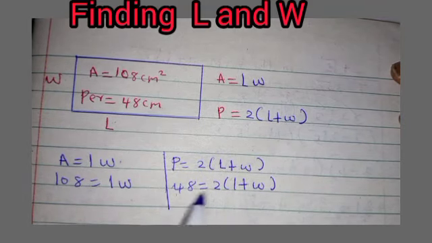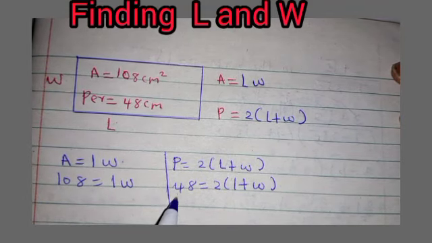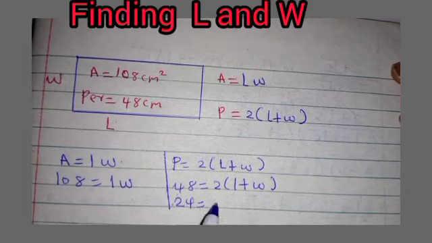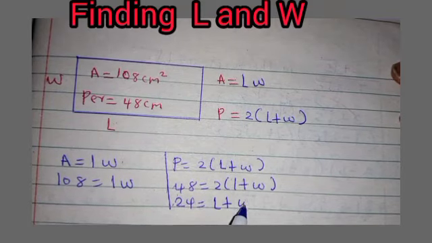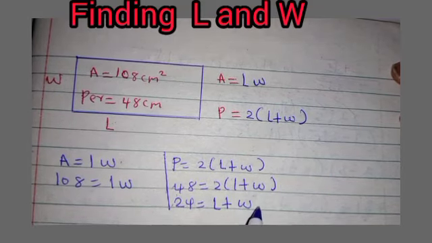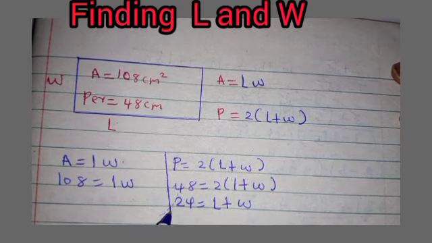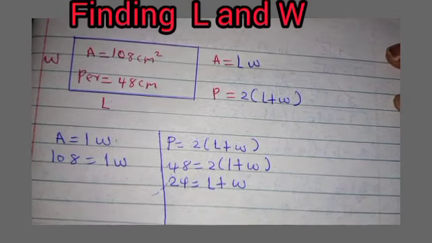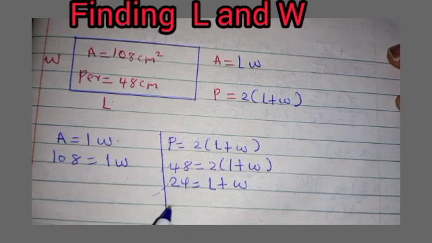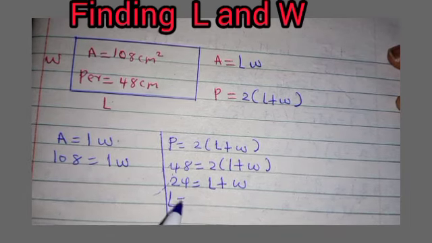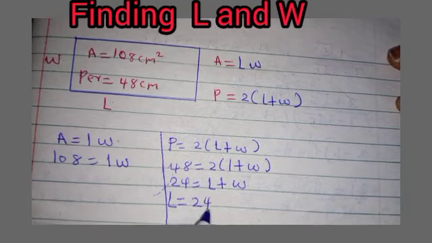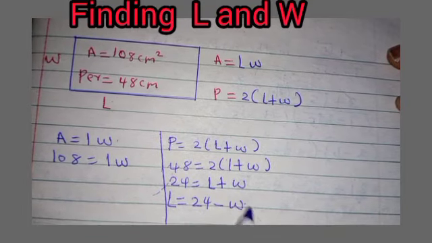So at this level, we can divide both sides by 2 to get 24 is equal to length plus width. Now from here, we can decide to make length the subject of the formula, whereby now length will be equal to 24 minus width.